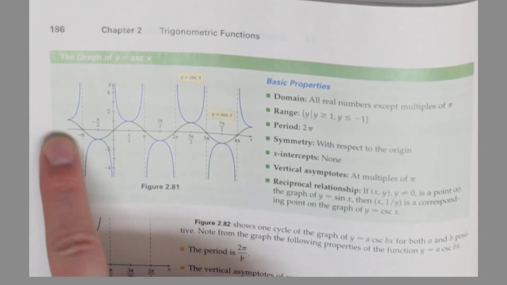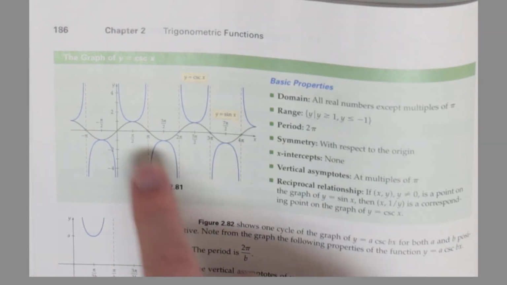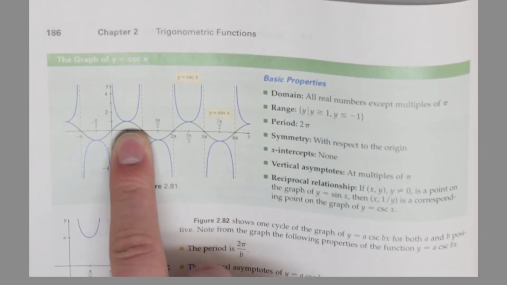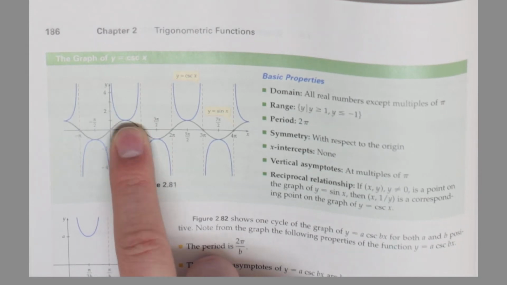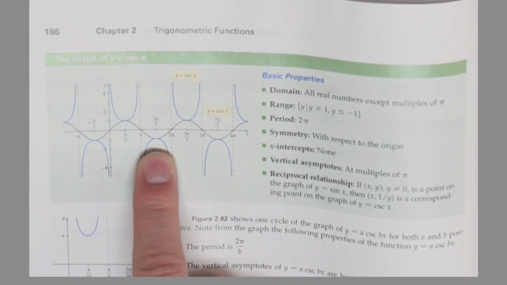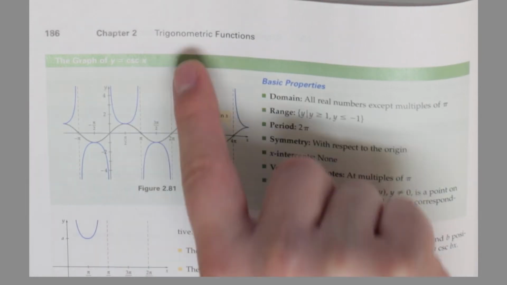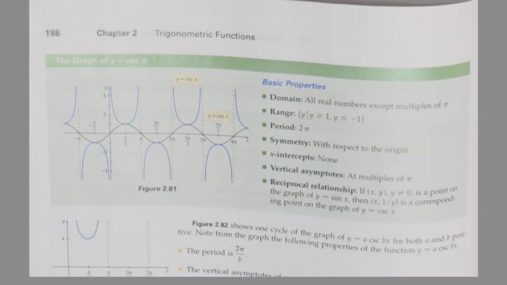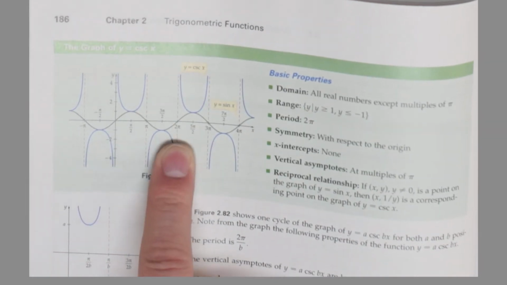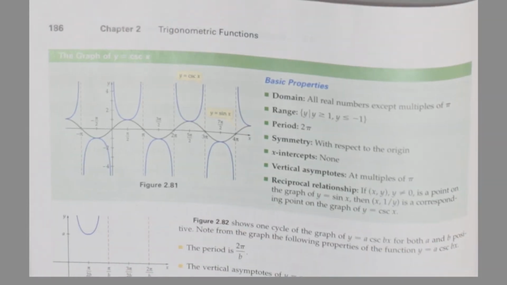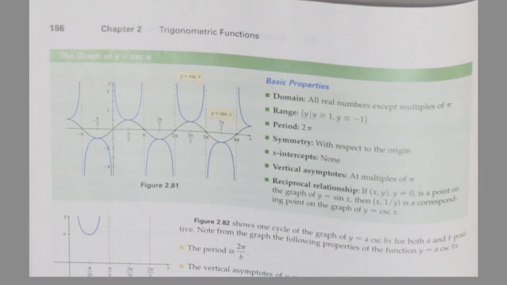If you draw a sine curve like this, the cosecant is going to connect to pretty much the maximum and minimum points with asymptotes in between. Okay, so there's going to be an asymptote at pi, 2 pi, 3 pi, 4 pi. Every pi all the way out, there will be asymptotes for that function.